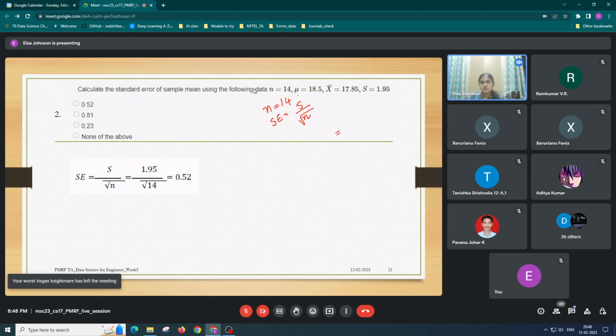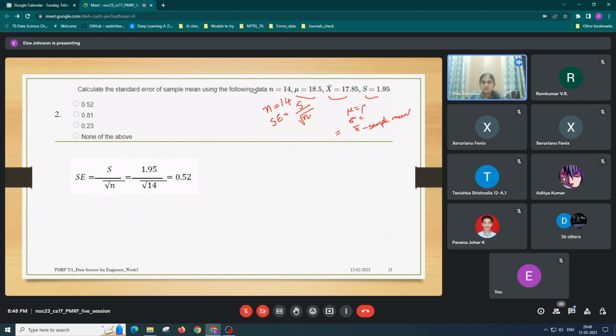So mu is the population mean, x bar is the sample mean. What is s here? S is the sample standard deviation, 1.95. Mu will be your population mean, sigma will be your population standard deviation, and x bar will be the sample mean.